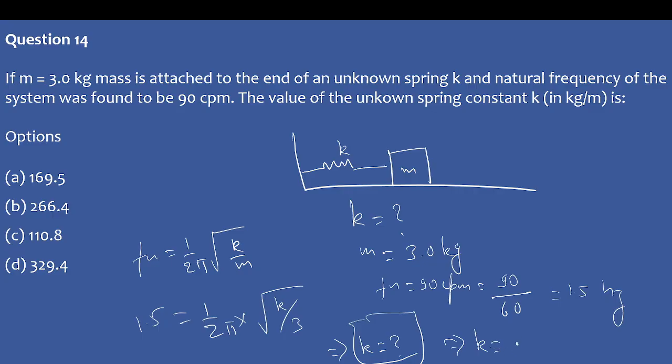So k is 2 pi into 1.5 into root 3, whole square. How much is this? Can you calculate this? Yes, sir.